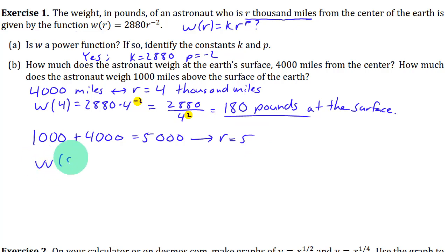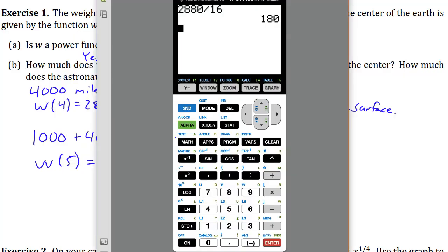So we're going to find W of 5 for this part. And that's going to be 115.2. So yeah, way up in the air, he's getting lighter, 115.2 pounds.